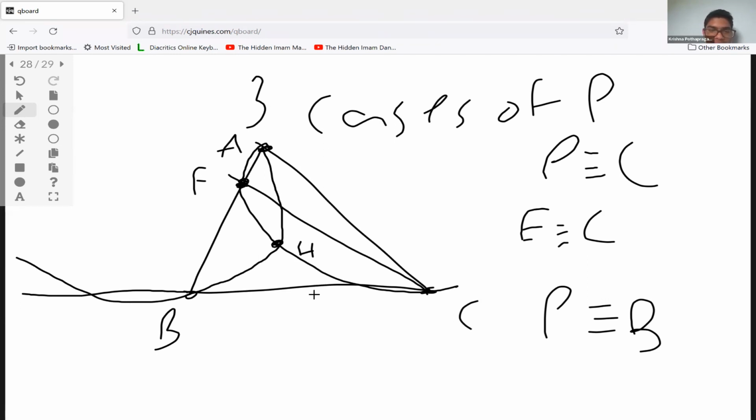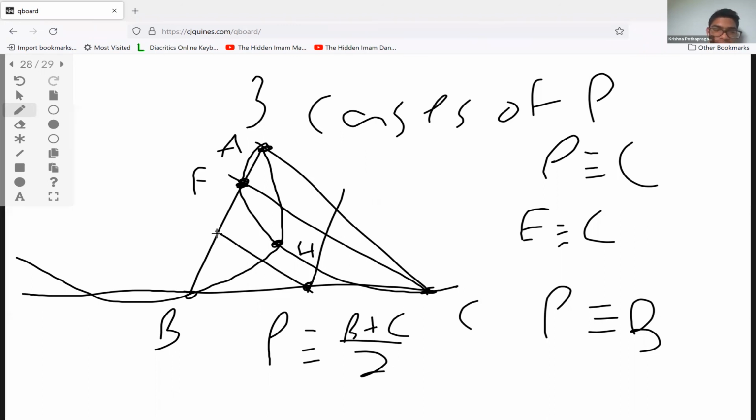So we just need one more value of P. And I think Atul said midpoint. Yes, because then E and F become feet of altitudes. P equals B plus C over 2. We get feet of altitudes, we get this. All right. So that's the problem.